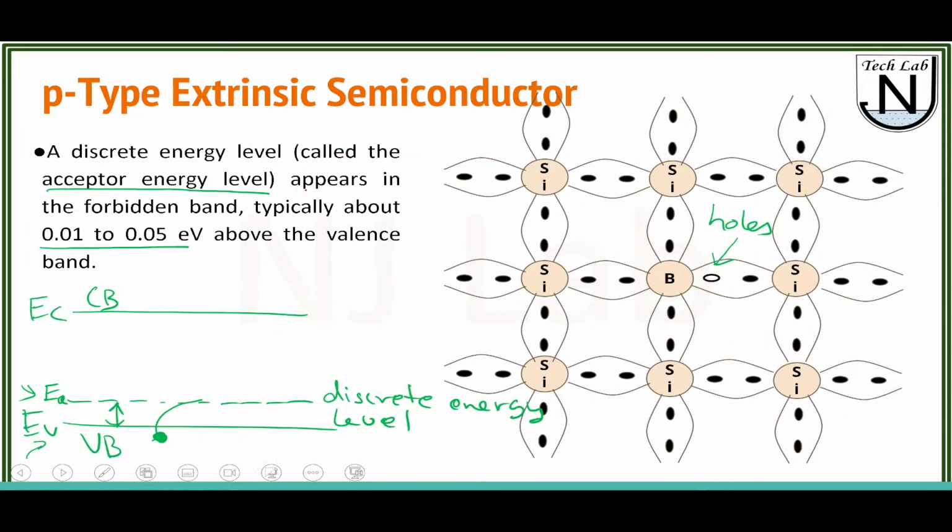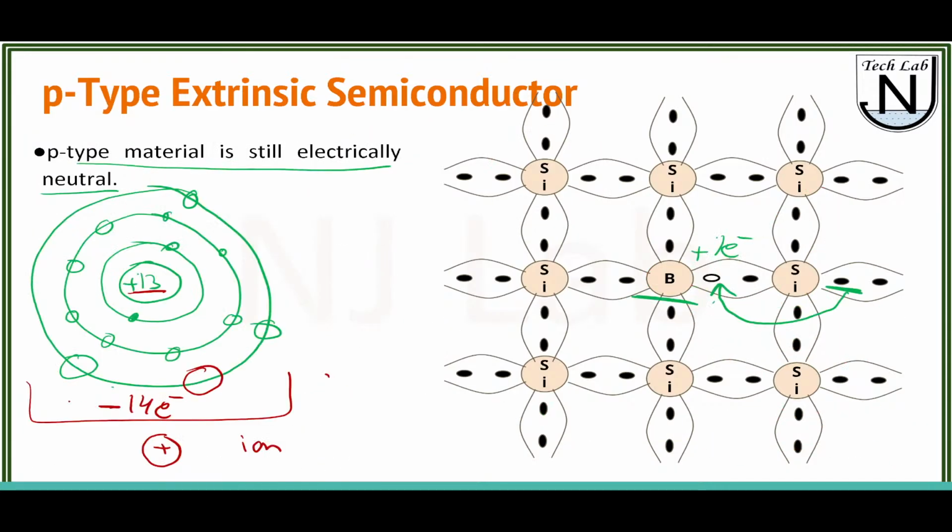Over here, since it is accepting one electron, we have more negative charge and less positive charge, so this ion becomes a negative ion. So the acceptor ion, this trivalent impurity, once it accepts the electron from the neighboring atom, becomes a negative ion, right?